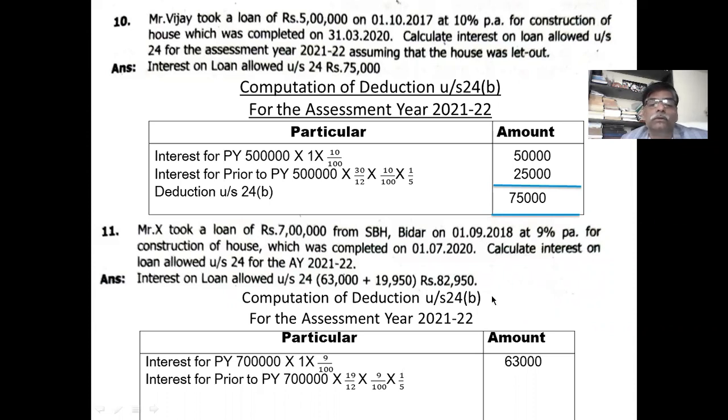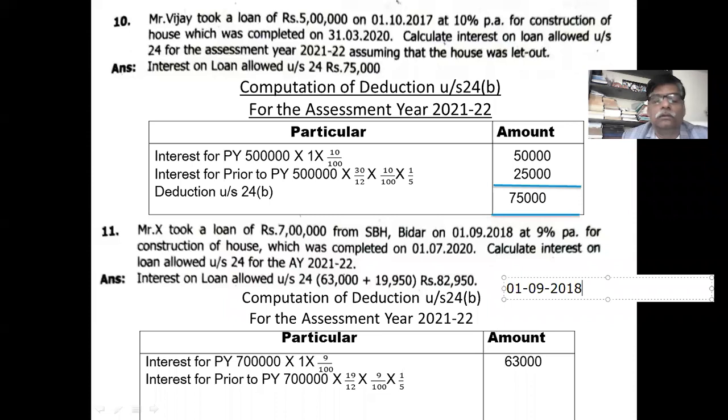You see the date here. Date of loan taken is 1/9/2018. Then you have to calculate up to 31st March 2020.